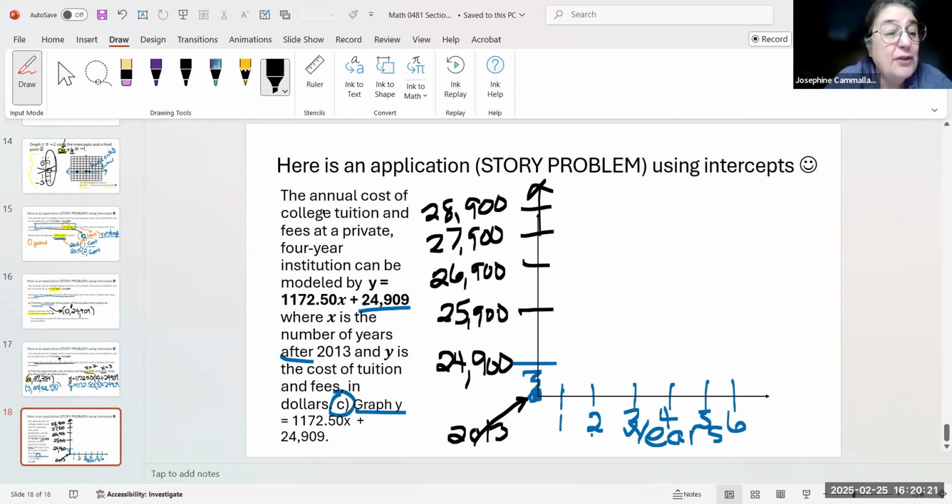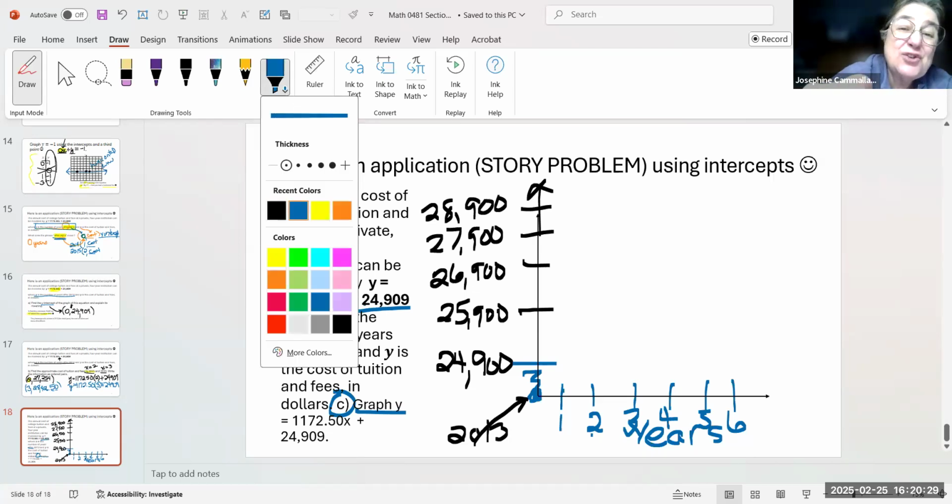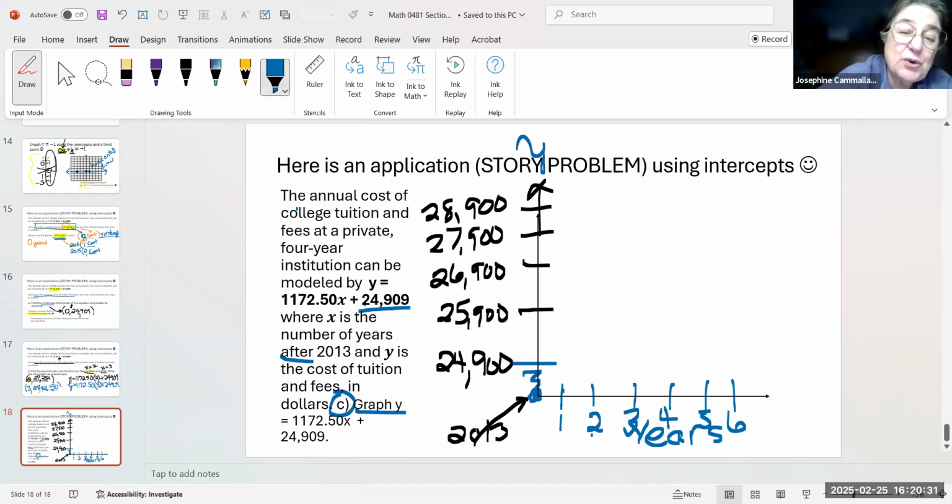And then I'm going to graph those points that I have. Well, I know that my Y-intercept, which is on this vertical line, is going to be 24,909. So that means it's going to be right about here.